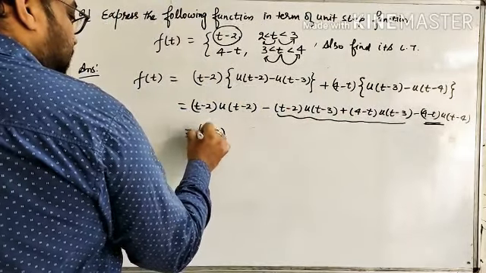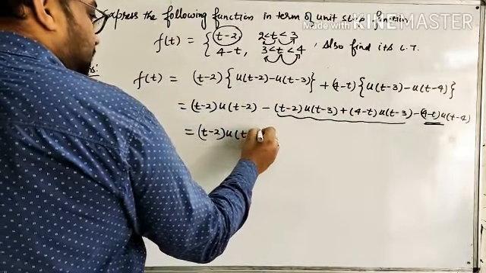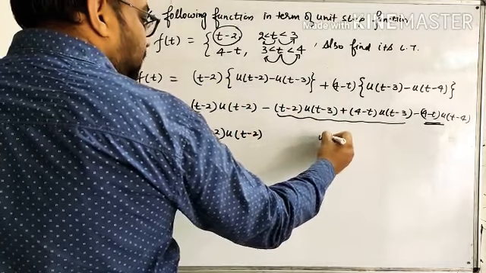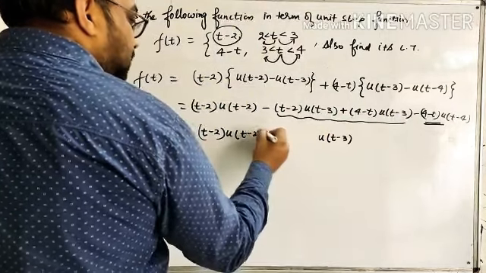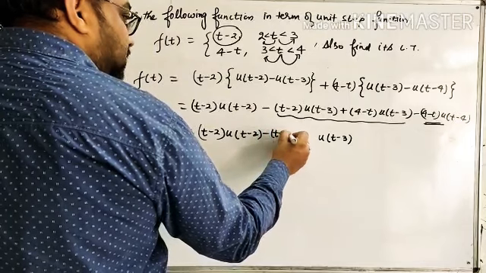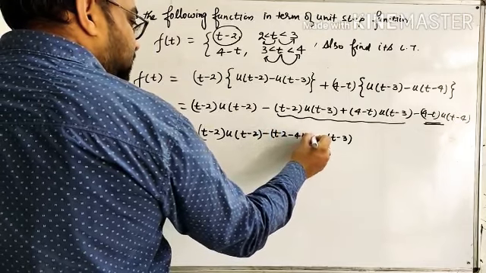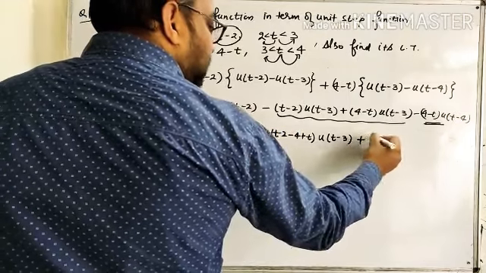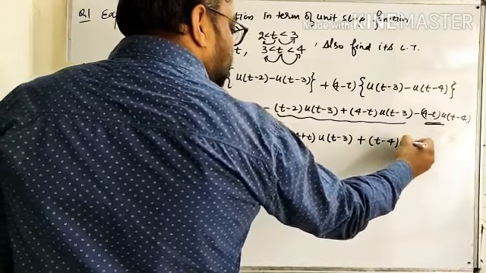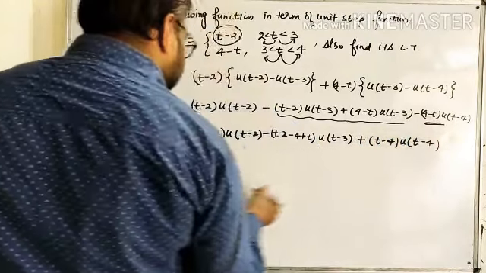So (t minus 2) u(t minus 2), taking u(t minus 3) as common, minus (t minus 2) minus 4 plus t, and minus minus plus (t minus 4) u(t minus 4).